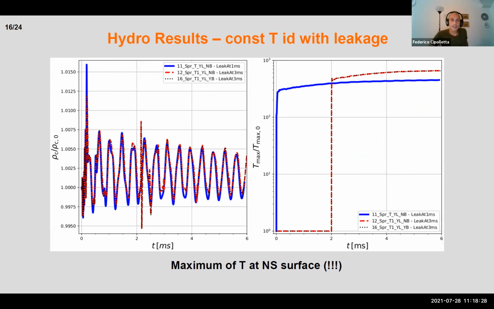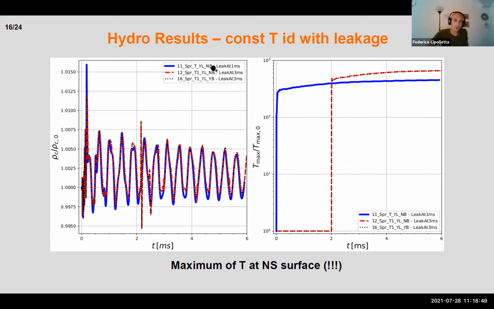And here we have the hydro results with constant temperature initial data with neutrino leakage. Here we switched on the neutrino leakage after a fixed time.